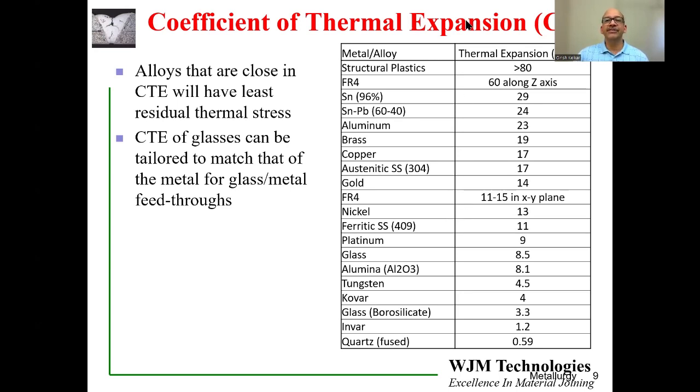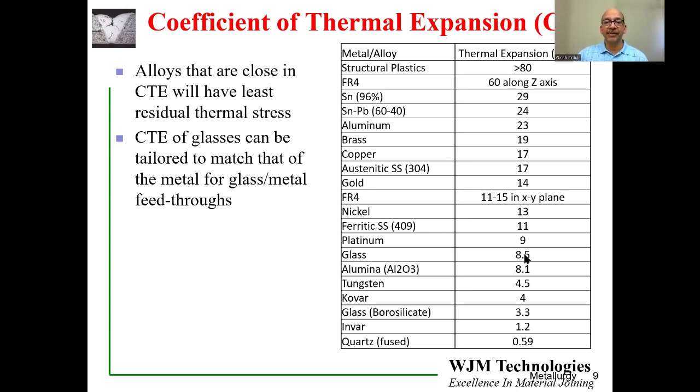Here we see a list of coefficients of thermal expansion for different materials. We start with plastics, which are about 80, go down to solders, which are about 29 or 30, aluminum, brass, stainless steel at 17, ferritic stainless steel, which is 409, at 11, alumina at 8, and glasses at 8. Different types of glasses have different thermal expansion.